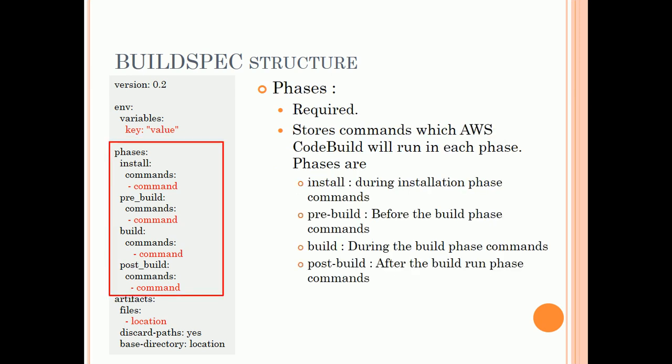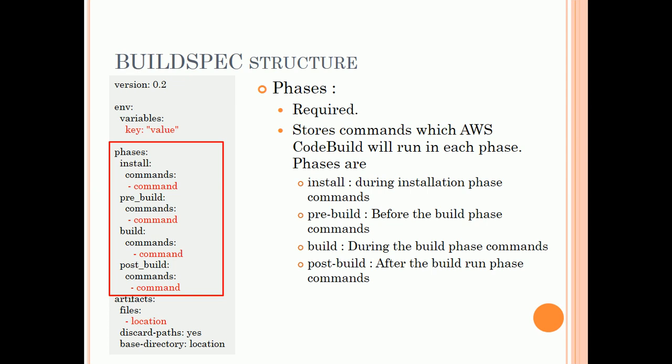The third sequence is phases. Phases is the required sequence. It stores the commands which AWS CodeBuild will run in each phase. There are a total of 4 phases in the buildspec file. The first is install. It will represent all the commands we want AWS CodeBuild to run during installation. The second phase is pre-build.